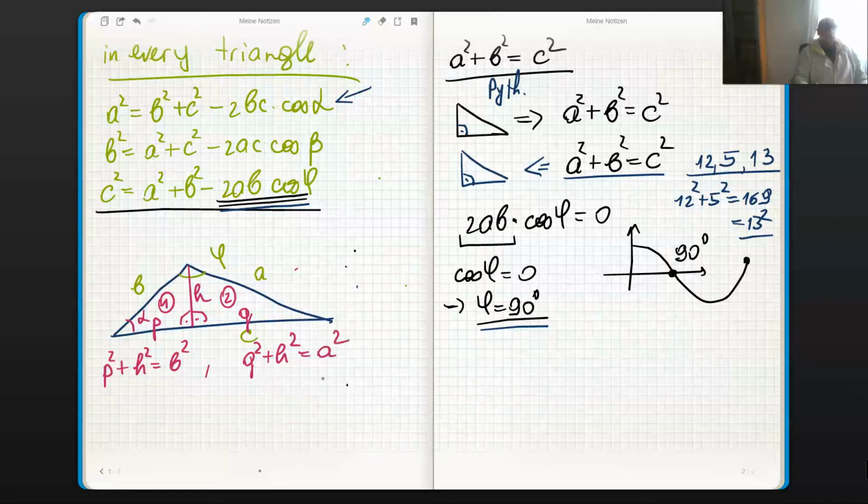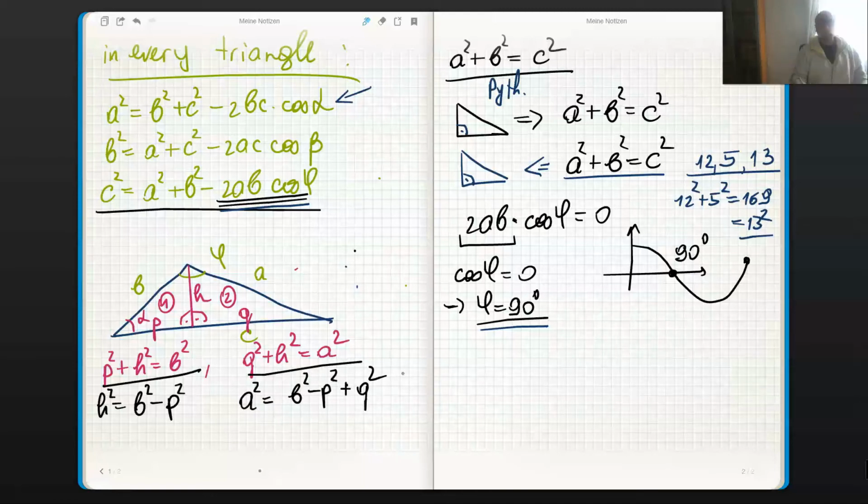So in the first equation we can solve for h squared, which is just b squared minus p squared, and we can substitute it in here. So we have a squared equals h squared, which is b squared minus p squared, plus still q squared. That's fine. So we have b squared, and now I'm just adding 0.